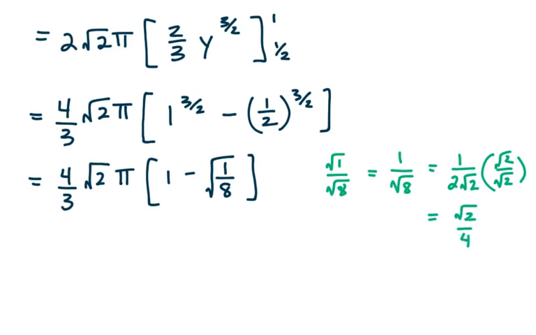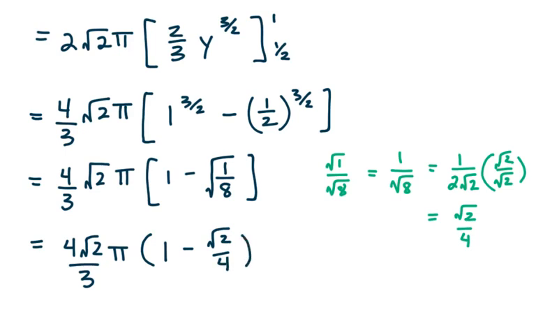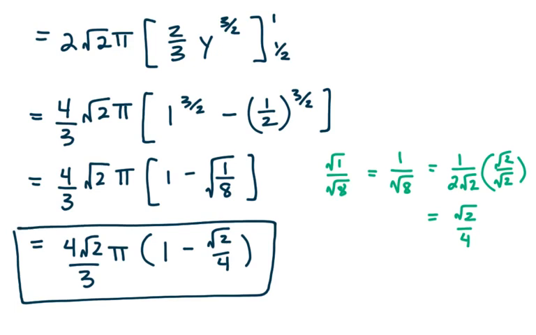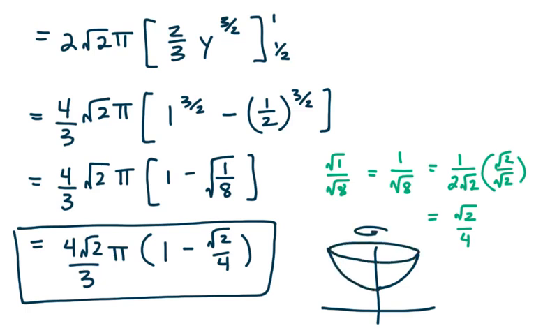So my final answer here, I have 4 root 2 pi over 3 times 1 minus root 2 over 4. That represents the surface area of the shape created by revolving that arc, the right half of a parabola, about the y-axis. And if I do that, I kind of get a bowl or a cup shape. So we're finding this area of just the outside region.